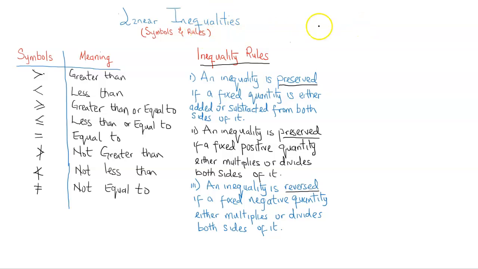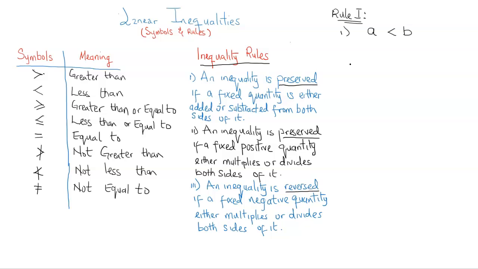Okay, so invariably, the first rule says that if A is less than B, then if a fixed quantity is either added or subtracted from both sides, there's going to be preservation of the inequality.